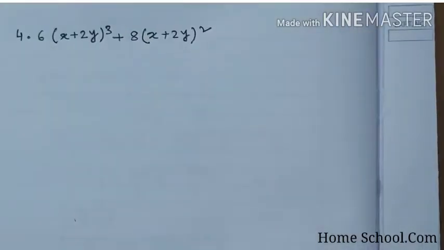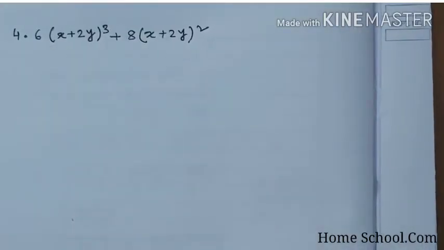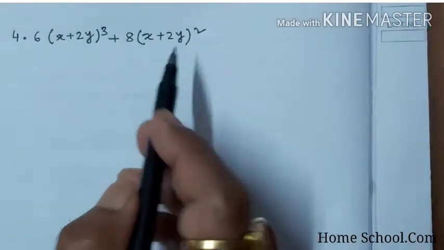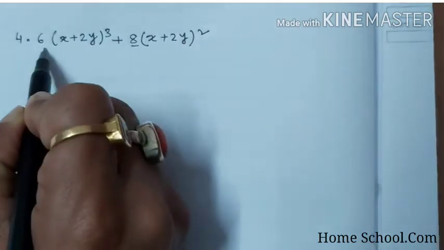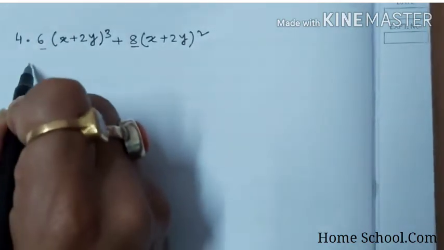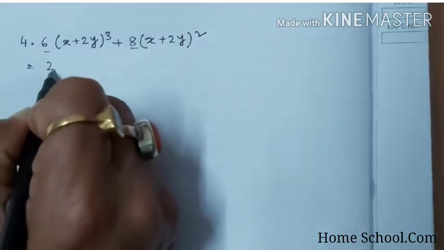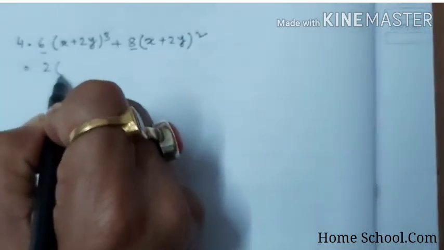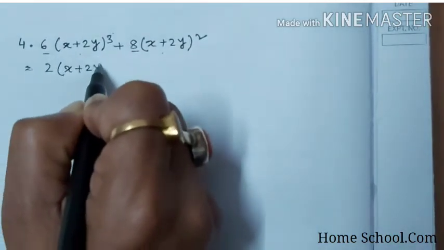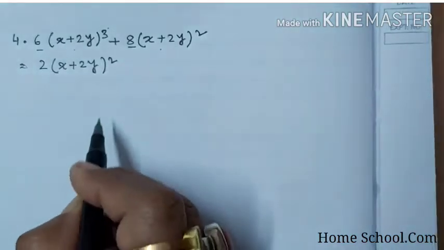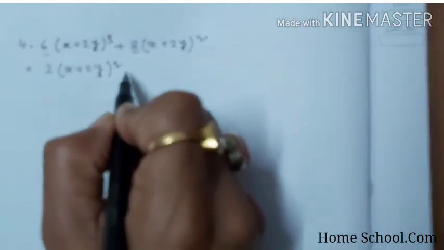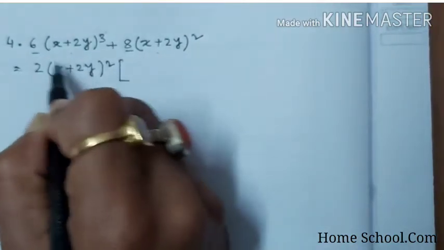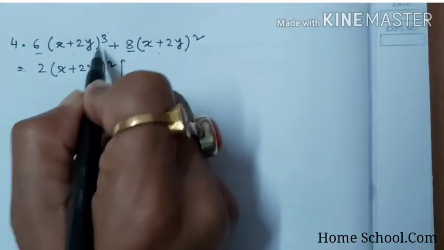Let us solve another problem of factorization. 6(x plus 2y) cube plus 8(x plus 2y) square. What is the common with 6 and 8? What is the HCF of 6 and 8? It will be 2. (x plus 2y) cube, (x plus 2y) square. How much can you take? You can take (x plus 2y) square, right? If you take this common, what is left?